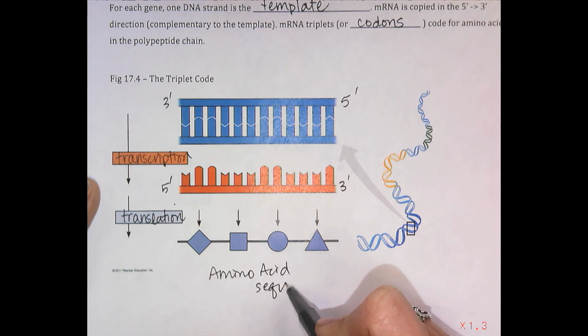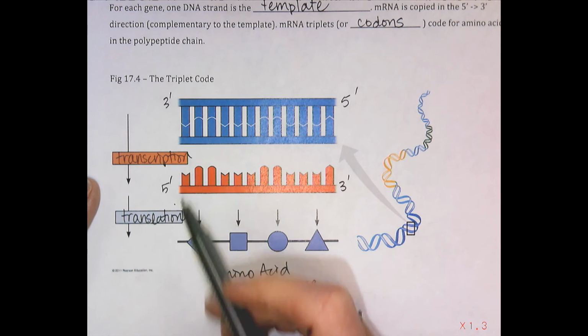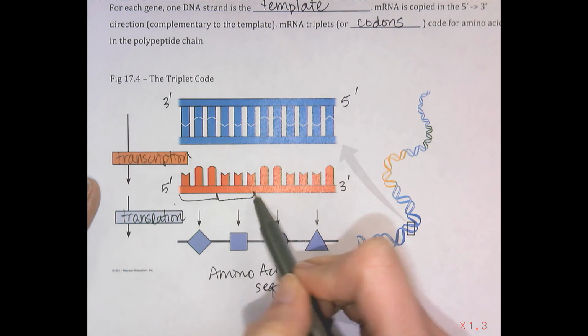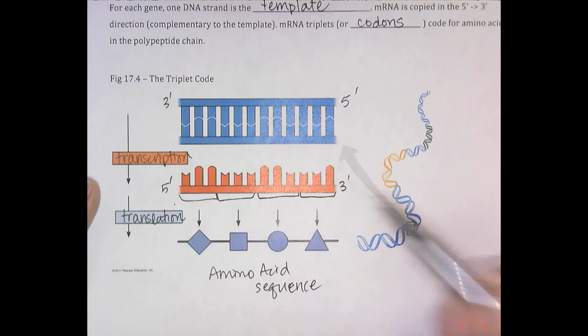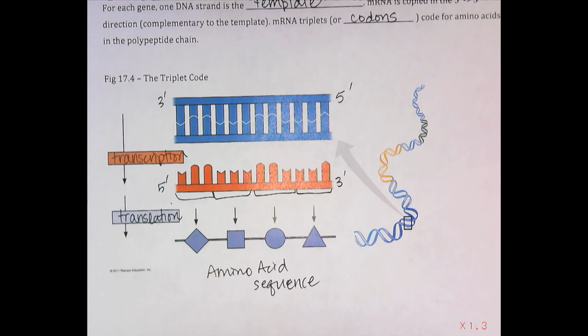You can see that there are 1, 2, 3, 4 amino acids, which means we have 4 codons. 1, 2, 3, 4.